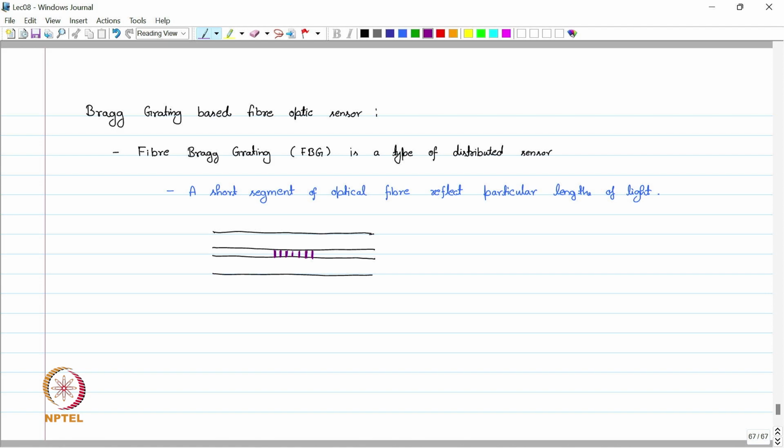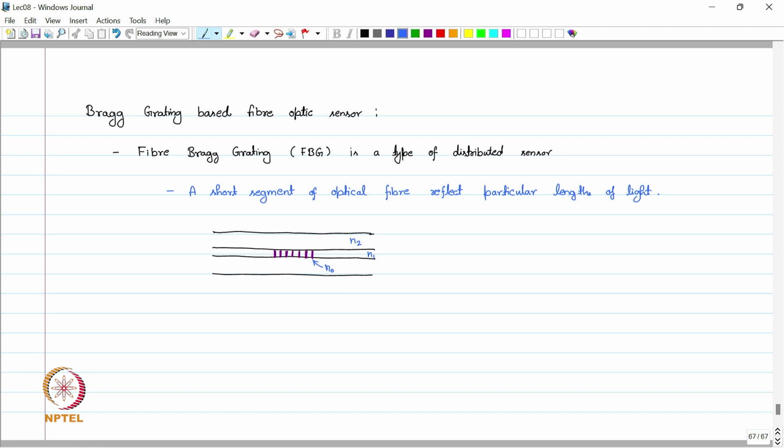So we change the material across this optical fiber, and let's say N1 is the refractive index of core and N2 is the refractive index of cladding, and this grating material, let's say this is N naught or eta naught.